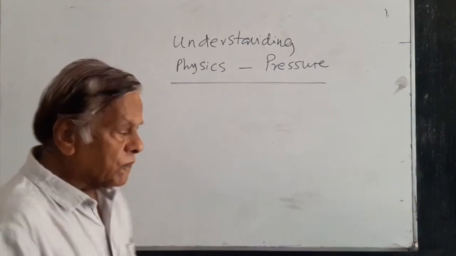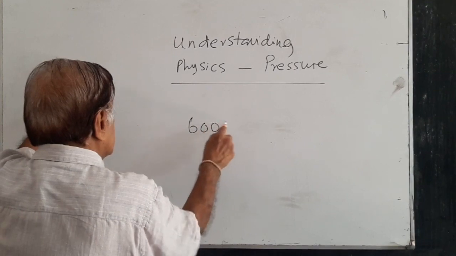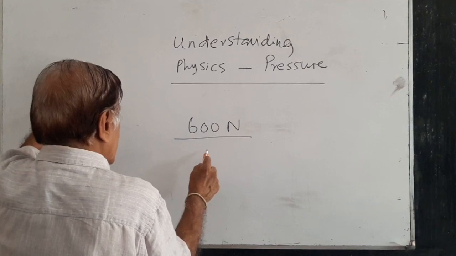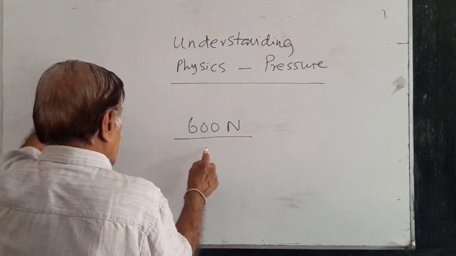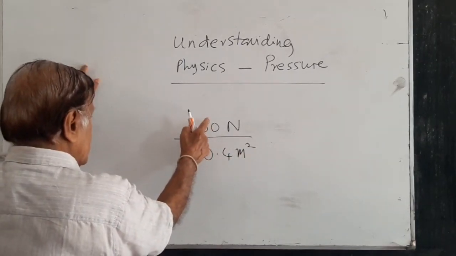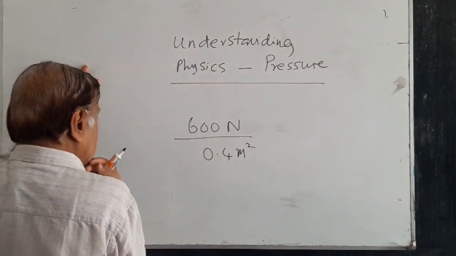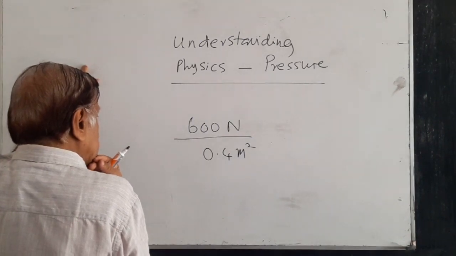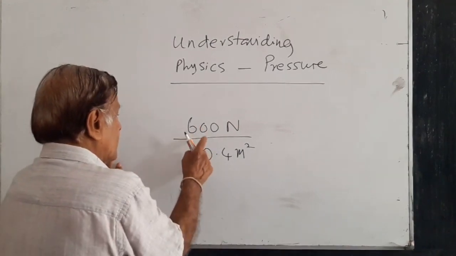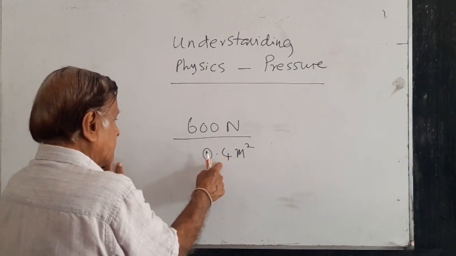Now, if a force of say 600 newtons is applied on an area of about 0.4 square meters, let us calculate what is the force acted on 1 square meter by dividing the force by the area of contact.